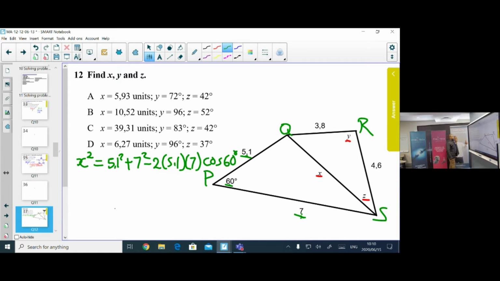So at that point, you will get your x to be something around 6.27 to 2 decimal places. Okay.